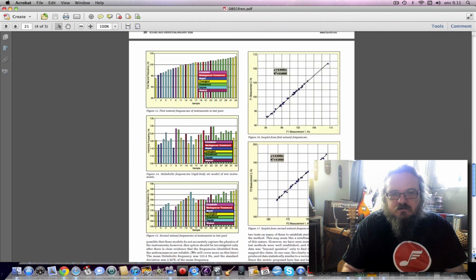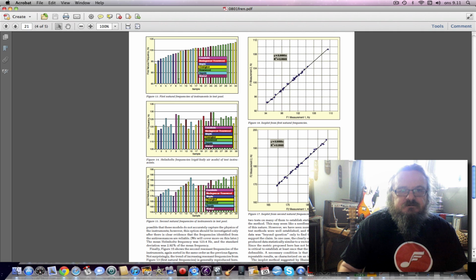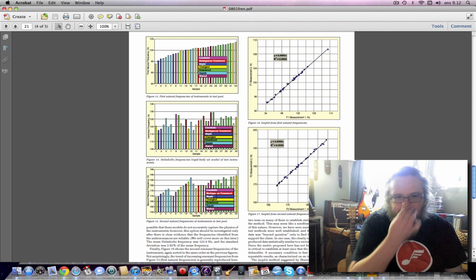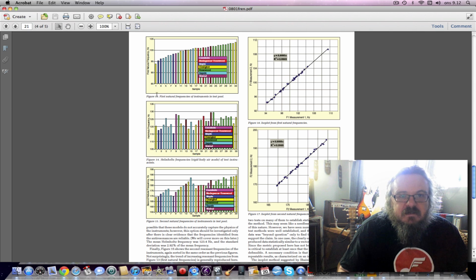These are what I'm really looking at here, where they've got these tables of the different backs and sides of the guitars which were tested, and the difference in those frequencies.